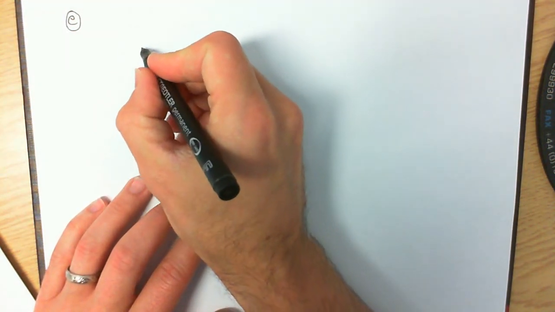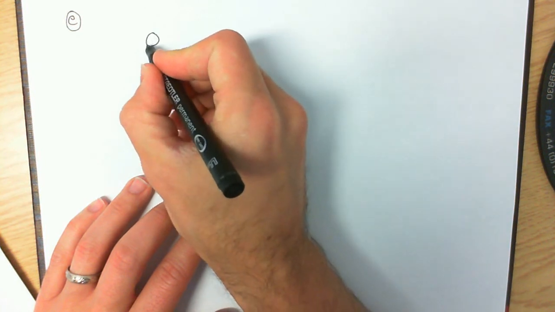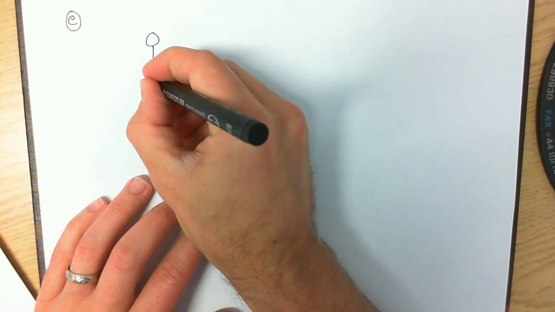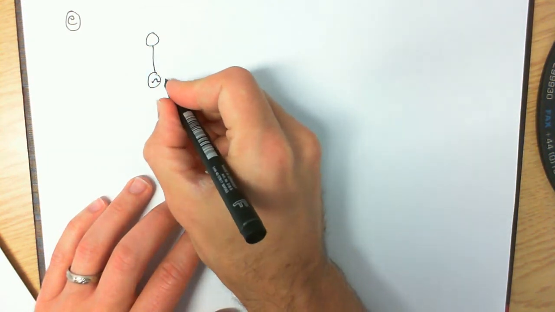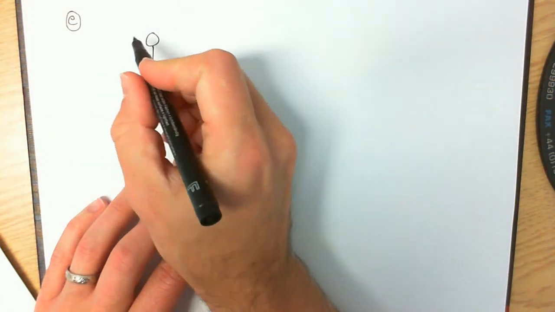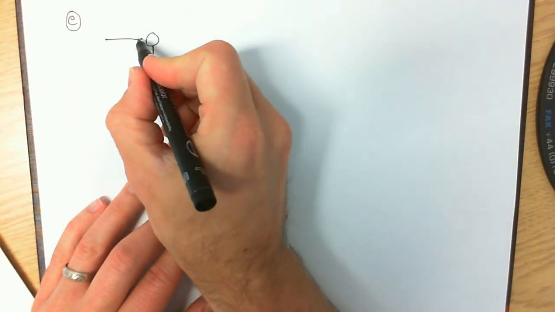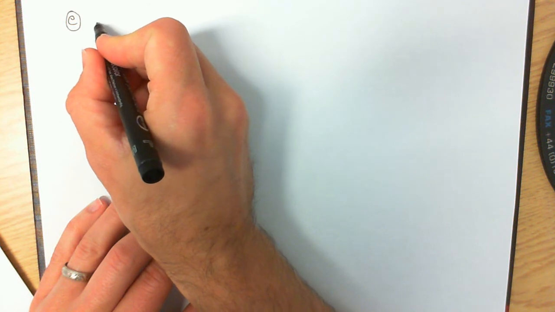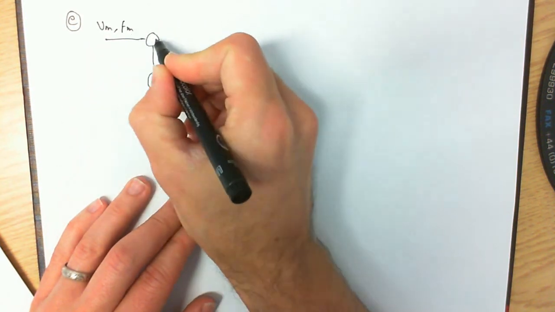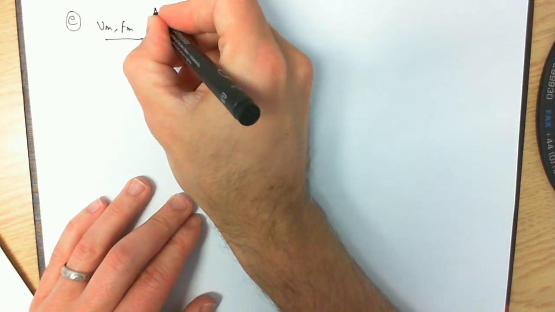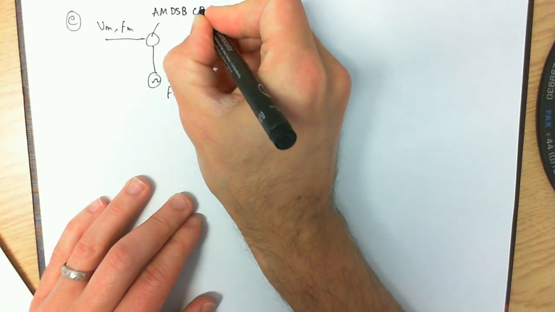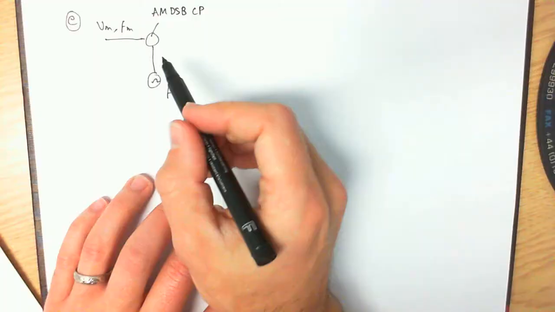So we have, for instance, our modulator here, and we have some oscillator which has got a VC and it operates at FC. And we have some signal going in here, which is our Vm, which is also operating at FM. So this is our AM double sideband carrier present modulator.